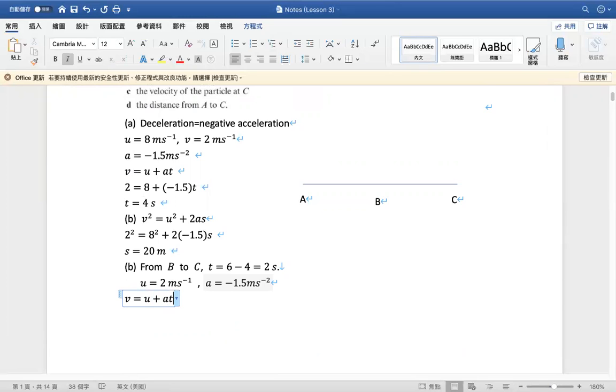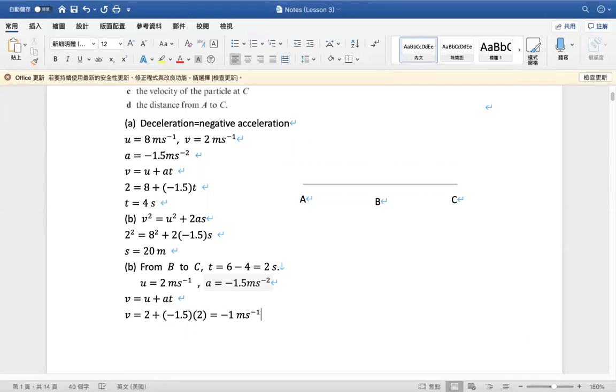Then you plug in the quantities. V is unknown, U is 2, A is negative 1.5, T is 2. So that means V is negative 1 meter per second. Okay?